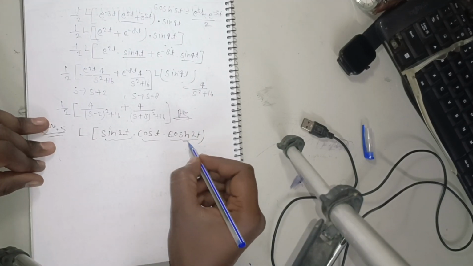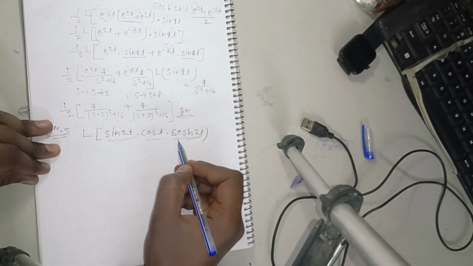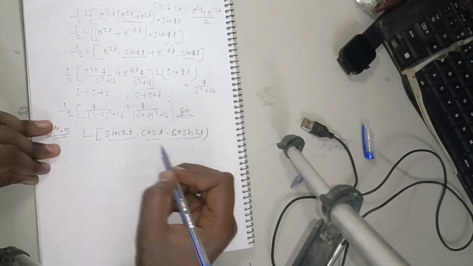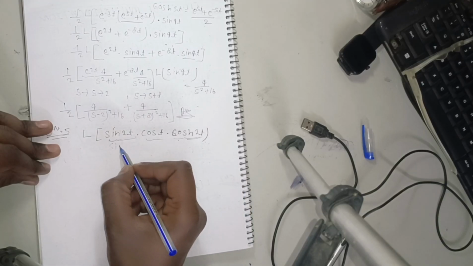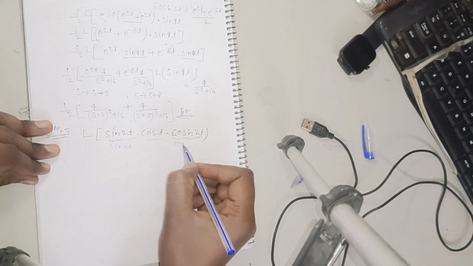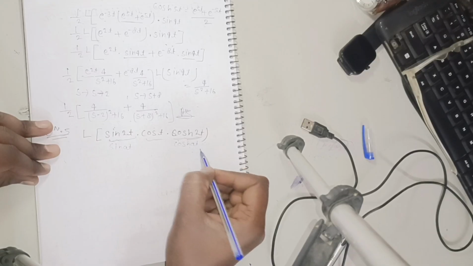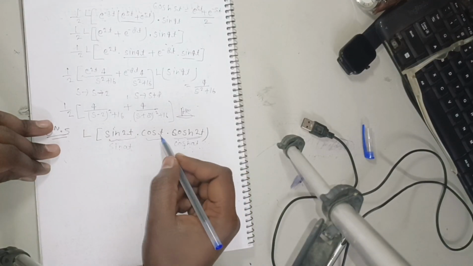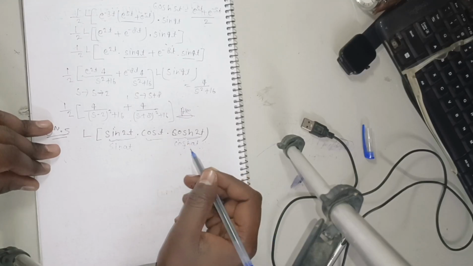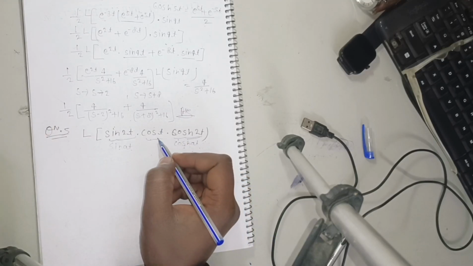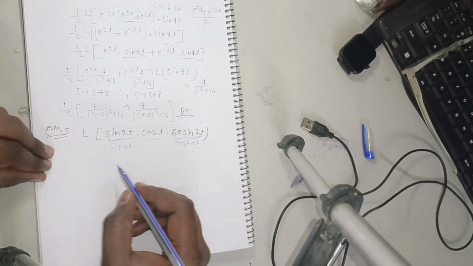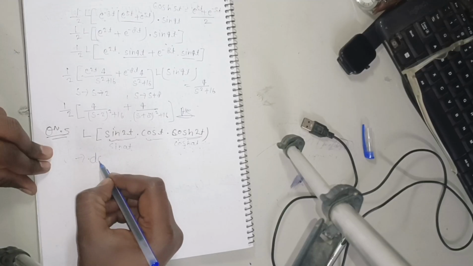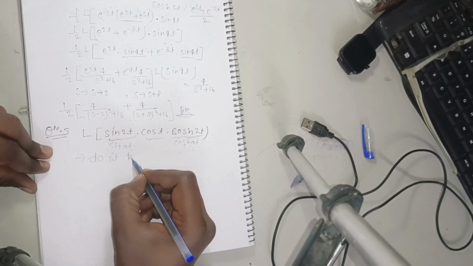Simply here we will use the formula of cos hyperbolic t, and the simple sine of at and cos hyperbolic at formulas. Then after we get each answer, we will multiply them and get the final answer. It's very simple. I'm not solving this, so do it by yourself.